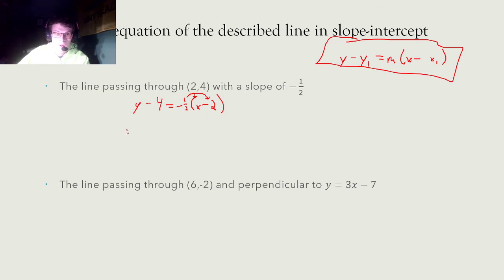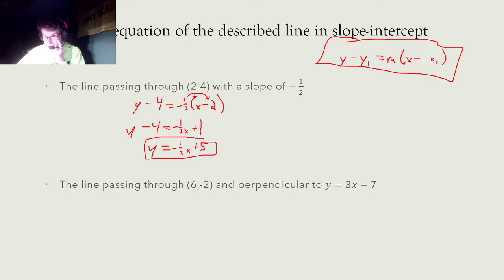So y minus 4 equals negative 1 over 2x plus 1. And now to isolate the y, so we have it in slope-intercept form, we add 4 to both sides. Adding 4 to both sides gives us y equals negative 1/2 x plus 5. All right? So that is how you figure out that one. Negative 1/2 x plus 5 is your answer.